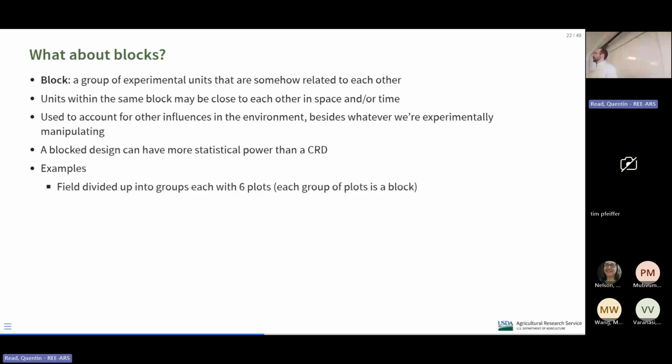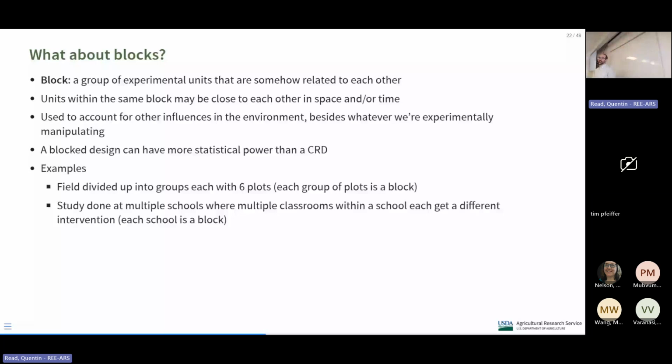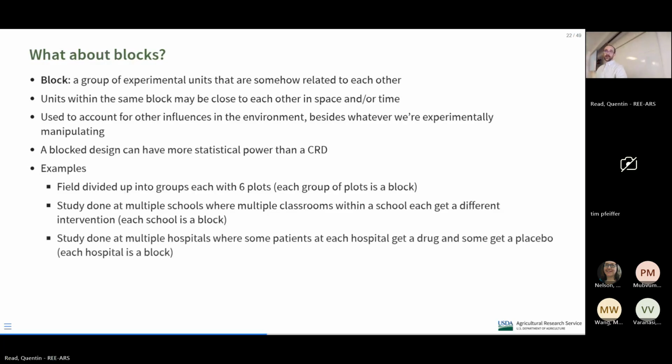Or in human studies, you might want to do some educational intervention, and you say, okay, I'm going to do this study at multiple schools. Classrooms within a school are related because they share the same influences of being in the same school, but we're going to give one classroom a control and one some educational intervention within each school. So the school is a block.